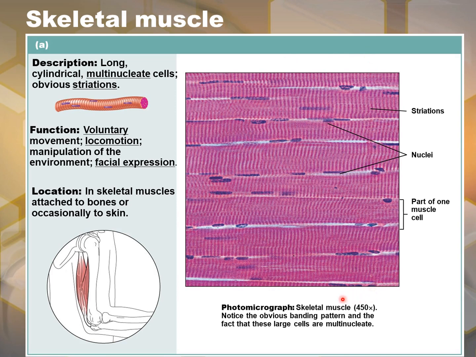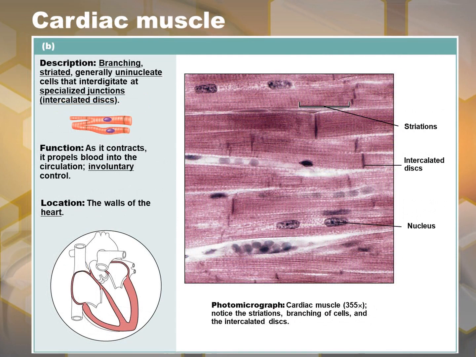So we'll talk a lot more about what produces those striations, but essentially, it's what allows the contraction of the cell itself. So the contraction of the cell is going to shorten that cell from either end and therefore shorten the entire muscle, putting force onto the bone.